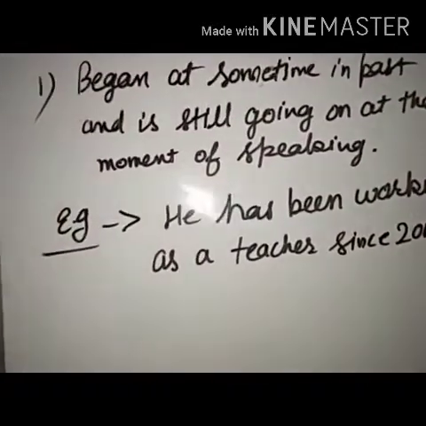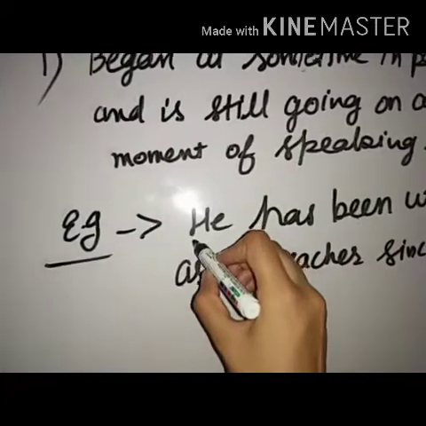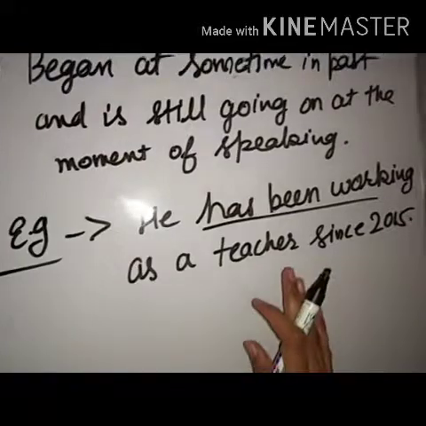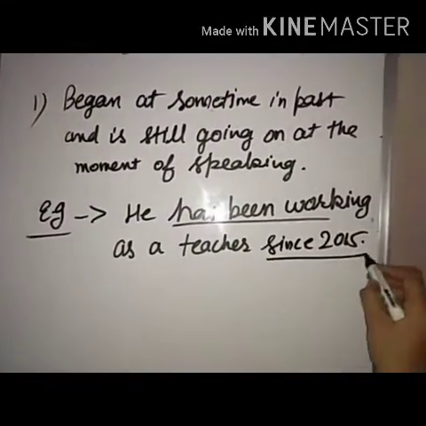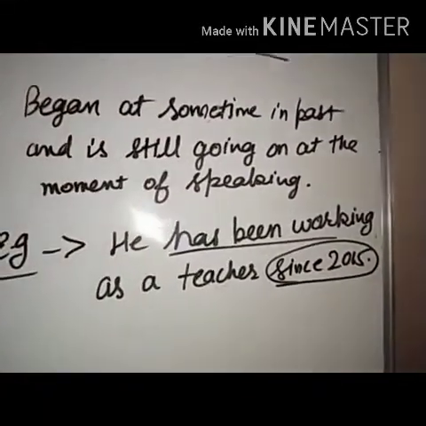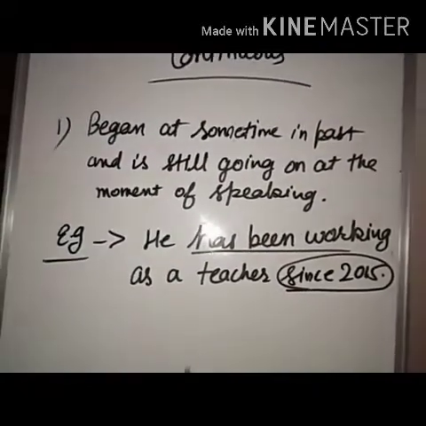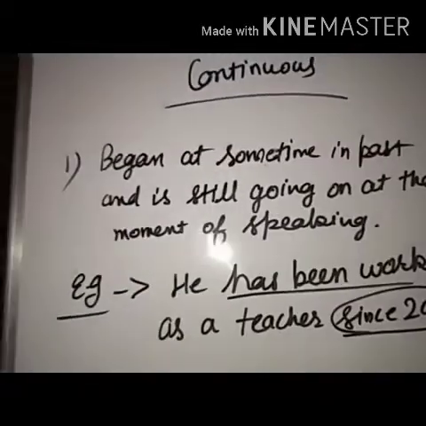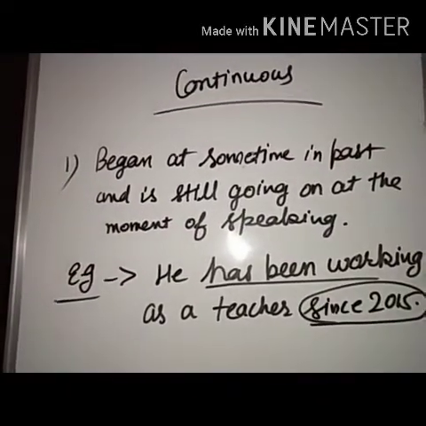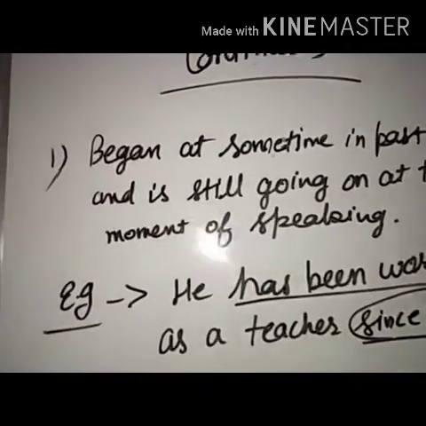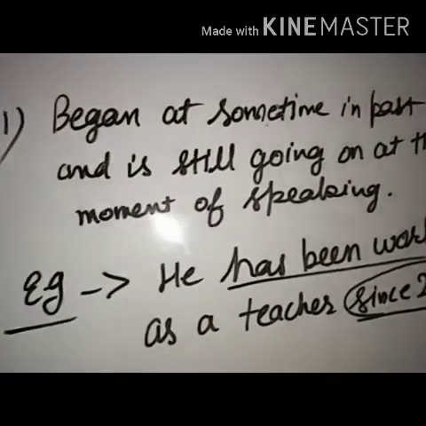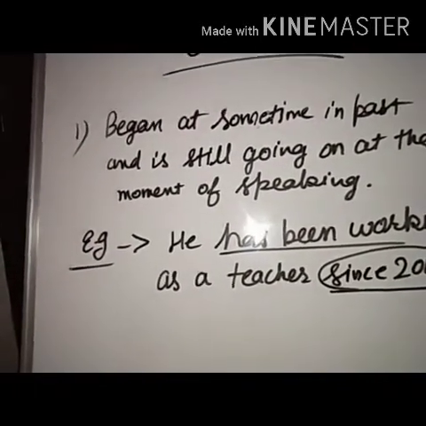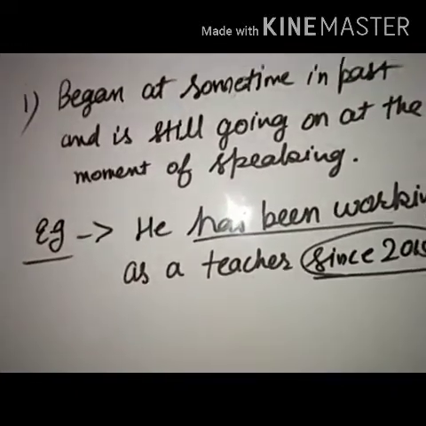This sentence is giving us the information that that person is still working as a teacher. That person started working as a teacher from 2015. So we use present perfect continuous when we are talking about an action which just started from the past, and still going on. Still that work is going on.